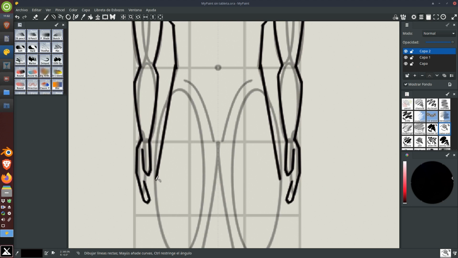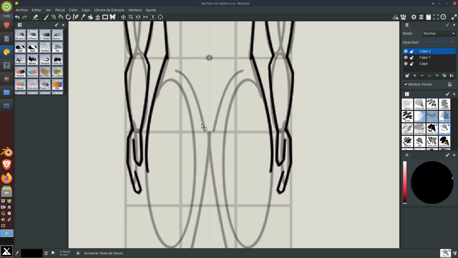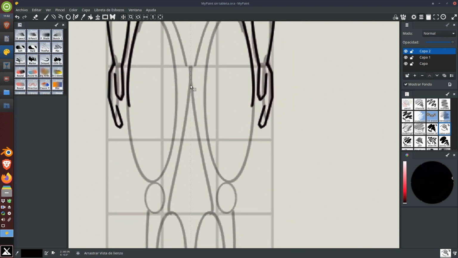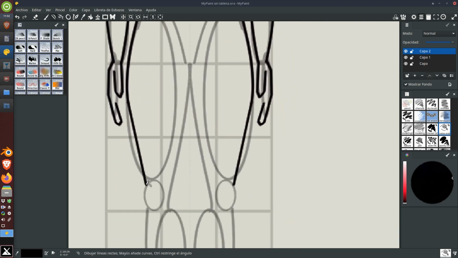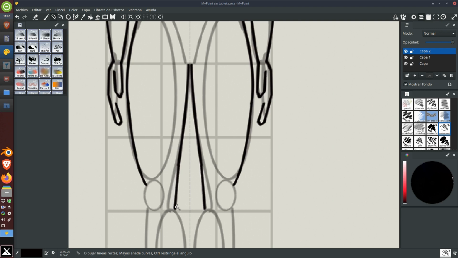and from here to there we are going to have the curvature of our thighs connected directly with the hips. From there we go directly into what it's going to be the knees. Here we are going to have our double curvature. So let's get into the inside, something like that.